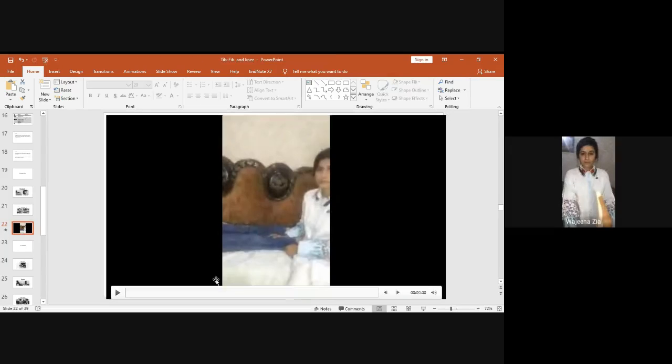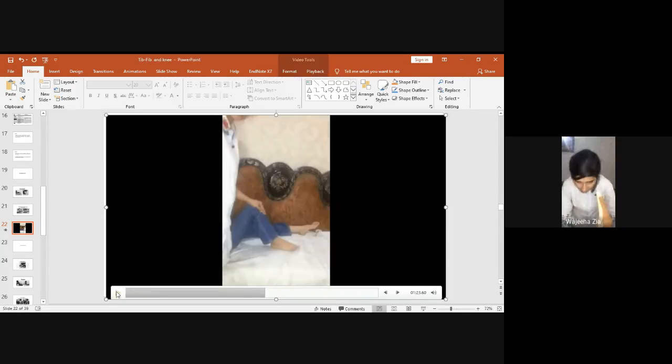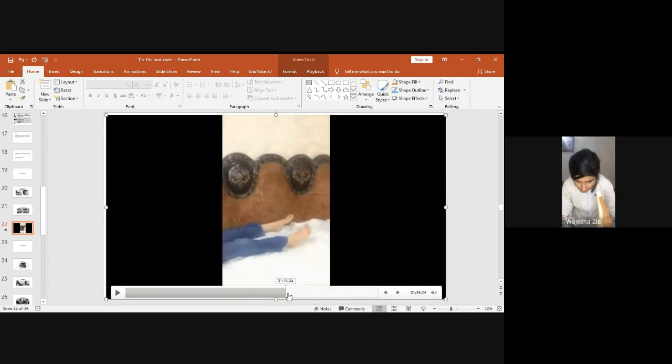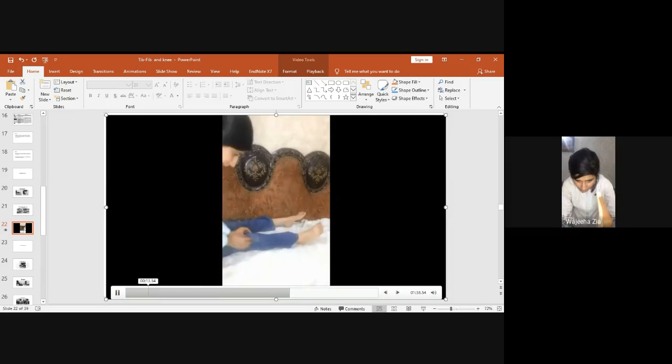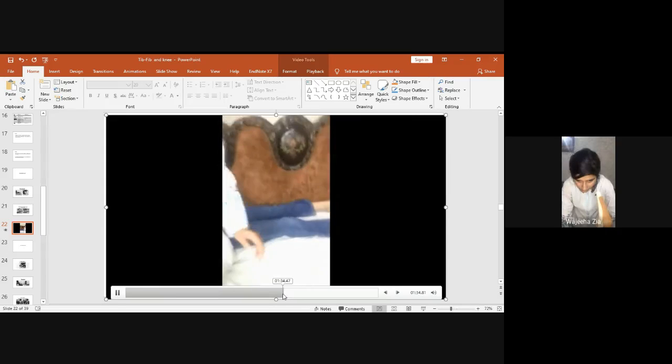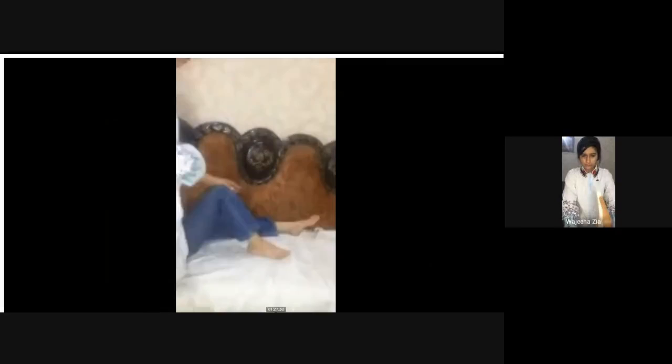Now, for the medial and the lateral glide, now you can see the medial and the lateral glide.